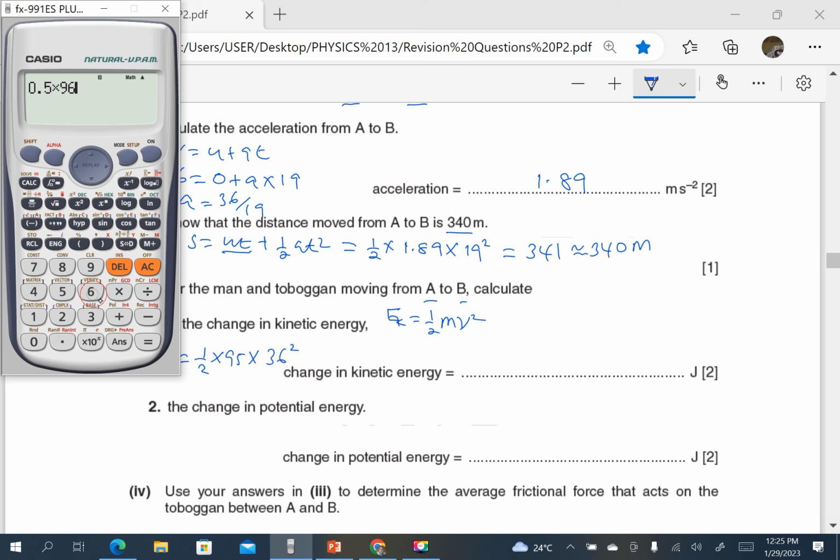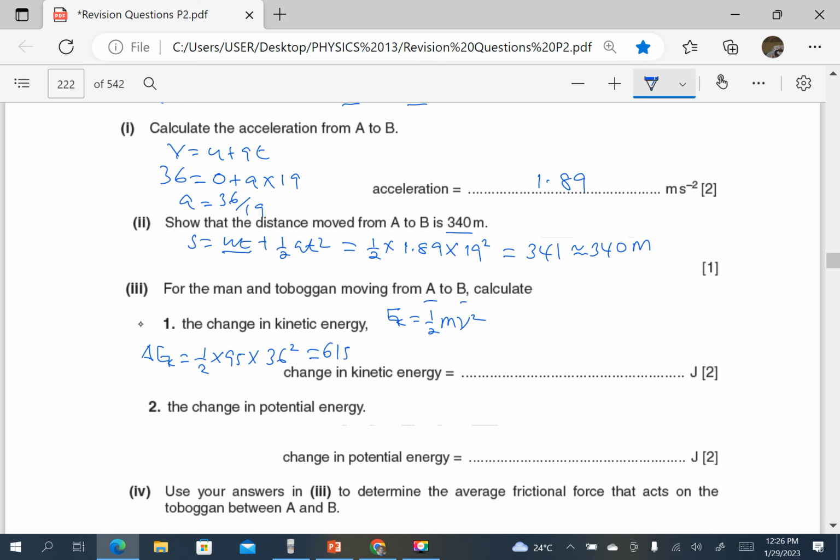So that is 61560, or approximately 62,000 joules.